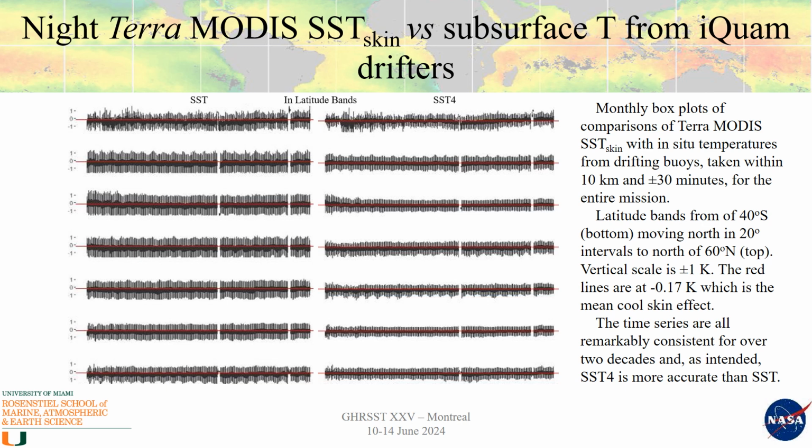The panel on the left is for the split window SST, and the panel on the right is for the 4 micron SST, referred to as SST4. We can see that there is remarkable consistency over the 20 years of these data sets. The Aqua MODIS plot is essentially identical to this. There are gaps caused by instrument shutdown or computer issues in the processing.